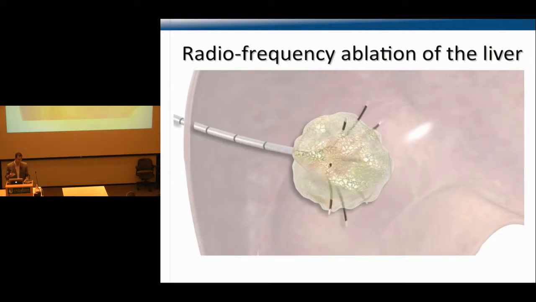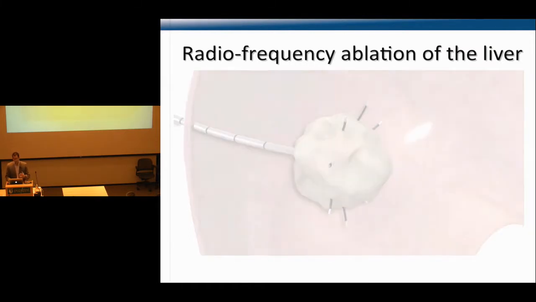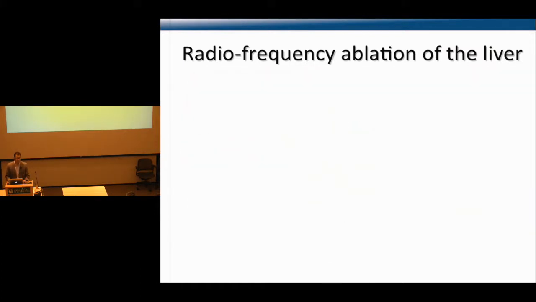Once it reaches the tumor, this needle creates radiofrequency energy, so it creates heat and a coagulation of the blood in the tumor, therefore creating necrosis of the tumor. Depending on the size of the tumor, you may require one or multiple ablation zones to cover the entirety of the tumor. And this procedure could also be repeated if there are multiple metastases inside the liver.